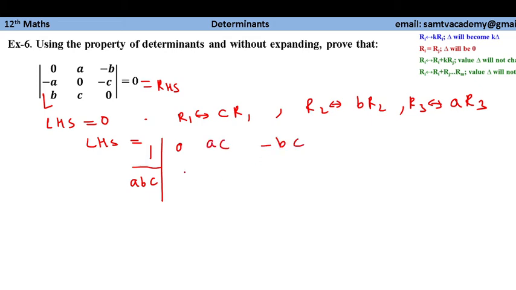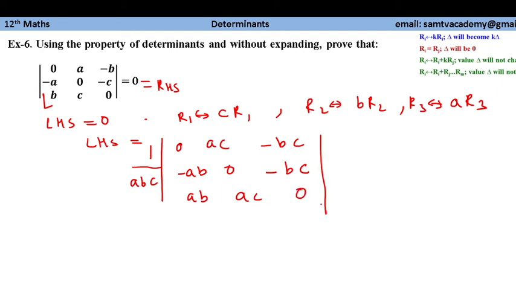Next R2 will be minus AB, 0 and minus BC. Last step, last row: AB, AC and this will be 0.